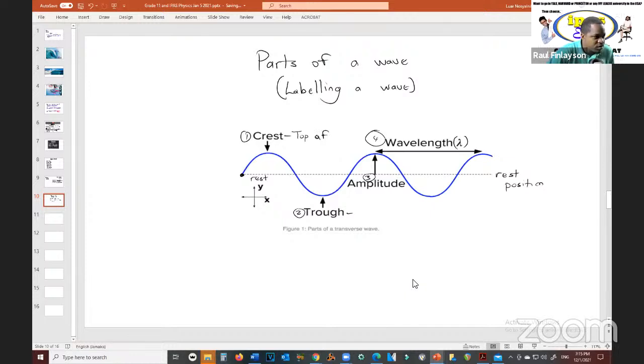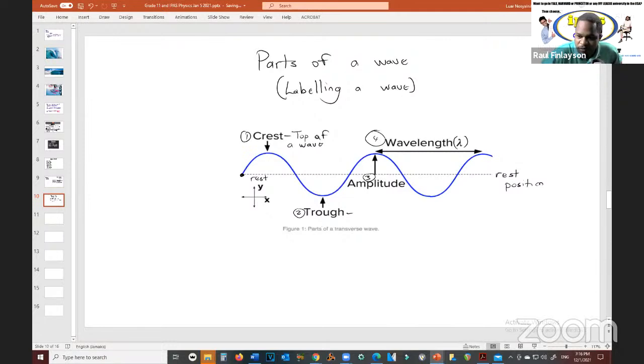Crest comes like crown. Crown we wear at the top. So the crest is the top of something. I don't know why you guys are overthinking the thing. All right, the crest is the top of a wave.